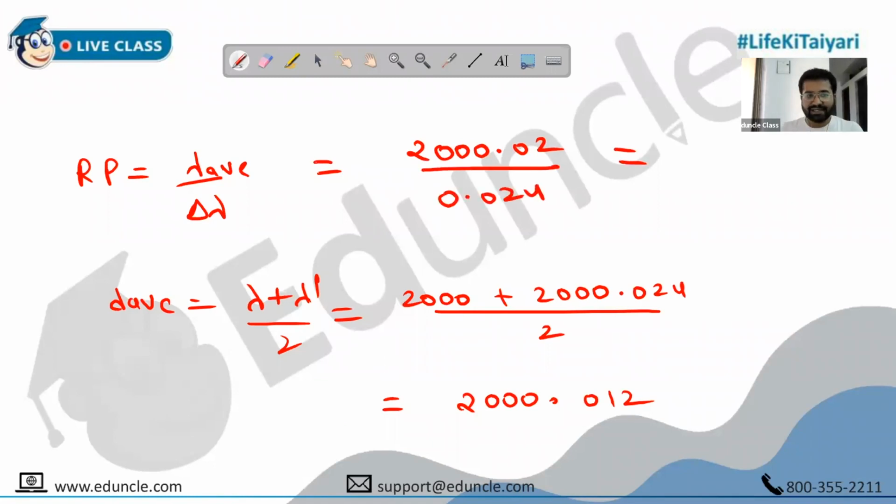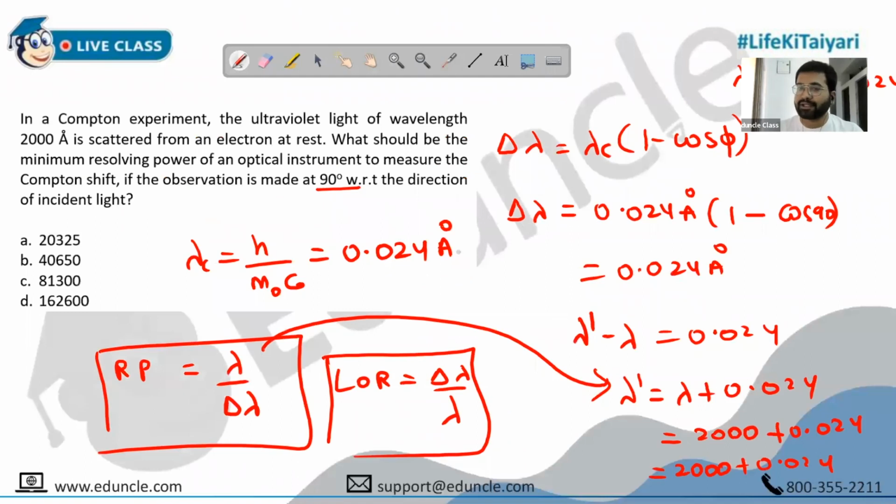But I'm not sure how exactly this will help us. Let's try. 2000.012 divided by 0.024. I'm still getting 83,333. So it's not that great. The only reason we are not getting an accurate answer is that the value of lambda c that we have learned by heart, 0.024, is an approximated value.